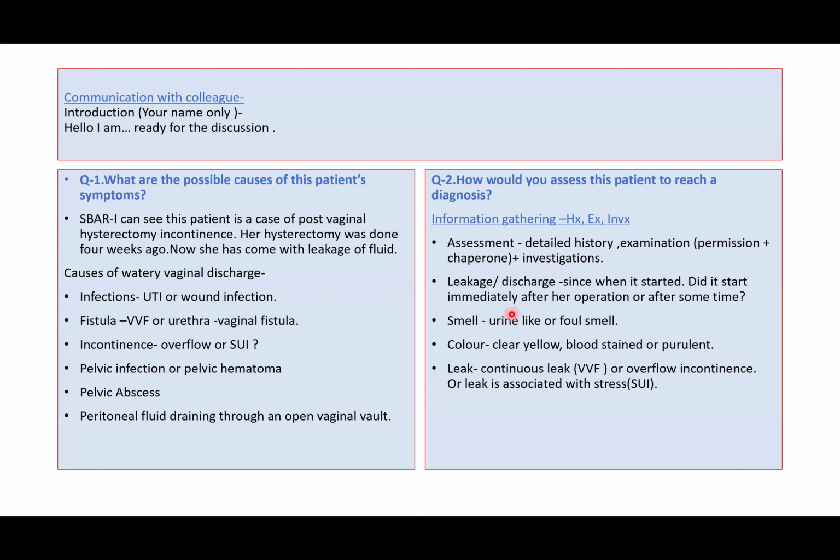Did it start immediately after operation or after some time? How is the smell? Urine-like or foul smell? How about the color? Clear yellow, blood-stained or purulent? Are there any continuous leaks? That is indicative of vaginal fistula or overflow incontinence, or a leak associated with stress urinary incontinence.